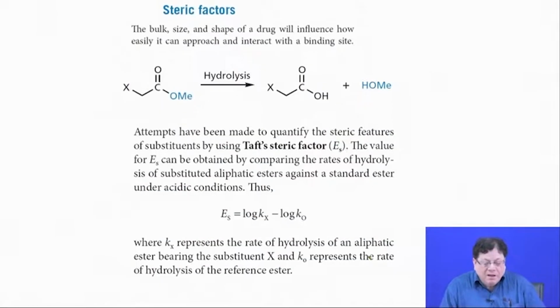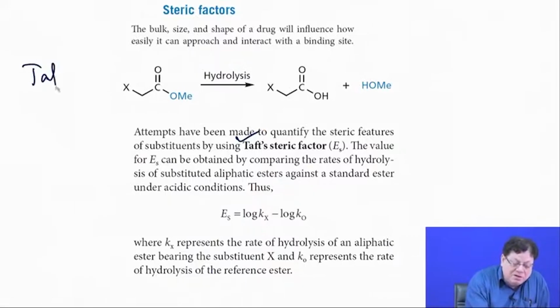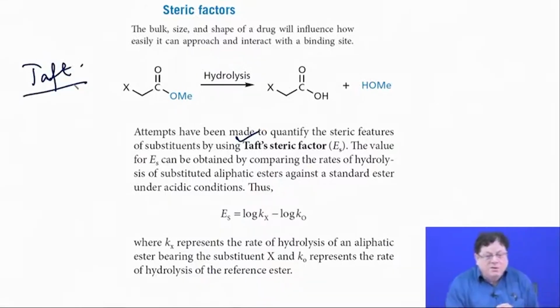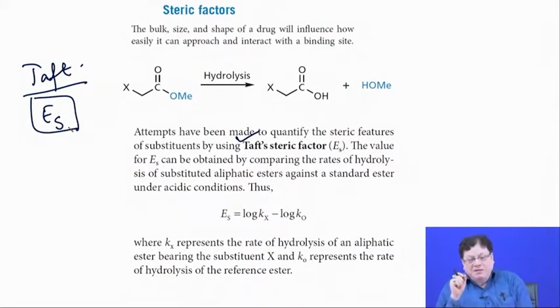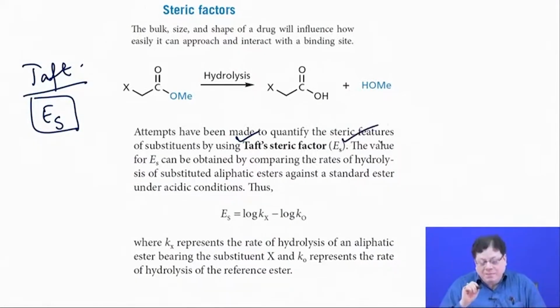And finally, the steric factor. The steric factor was given by Taft, another scientist. Taft is the one who gave how to quantify the steric factor, and the steric factor is denoted by Es. So, the question is how to quantify Es.